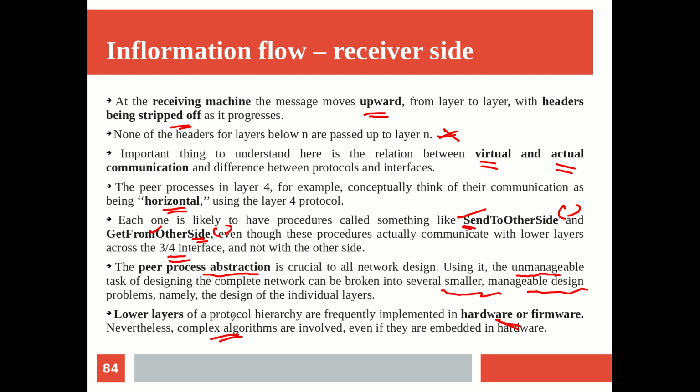That complex algorithm you can implement as hardware code, or you can make use of software for it. Mostly the higher layers are software oriented, and the lower layers are hardware oriented, or a mix of both. That is about it. I thought we can stop at this point, and further discussion we will see in the subsequent lecture. Thank you.